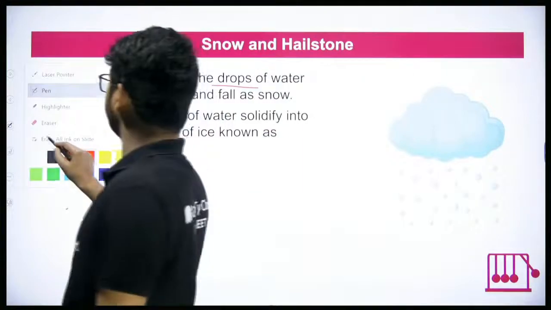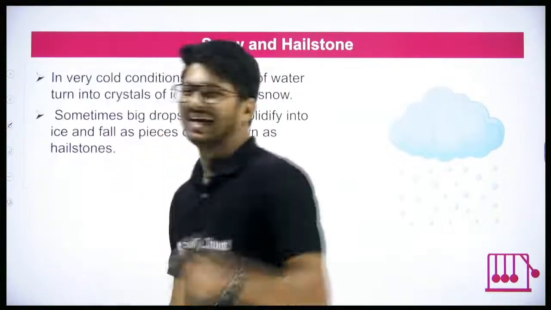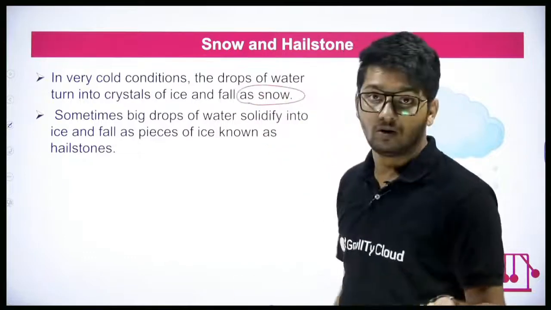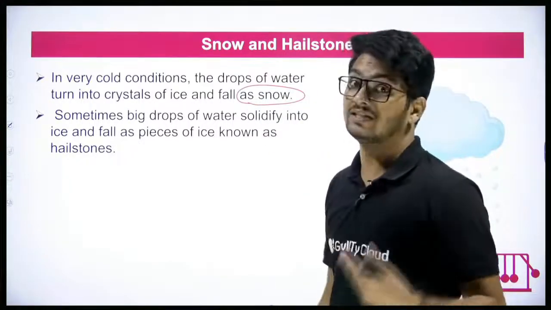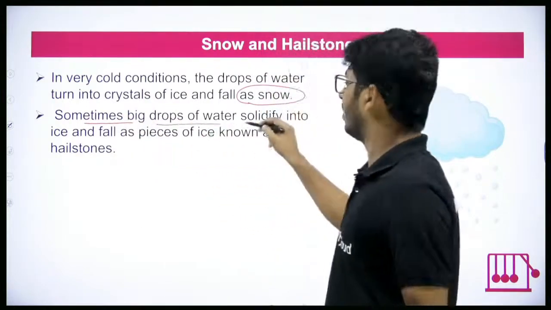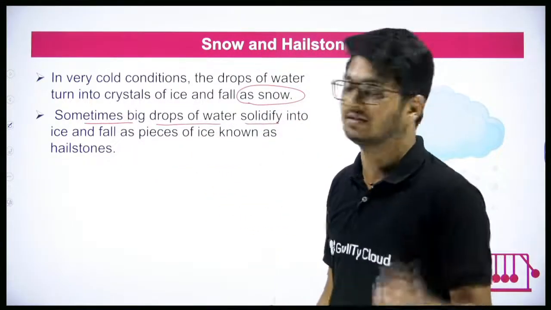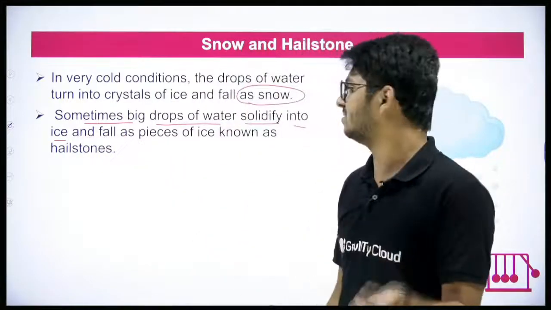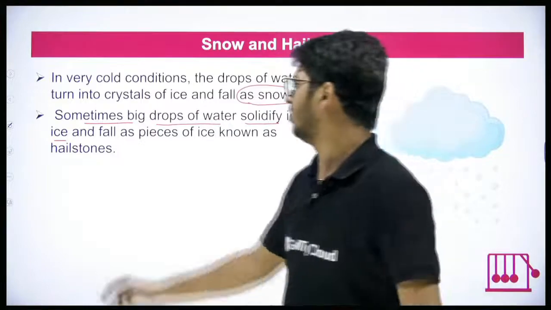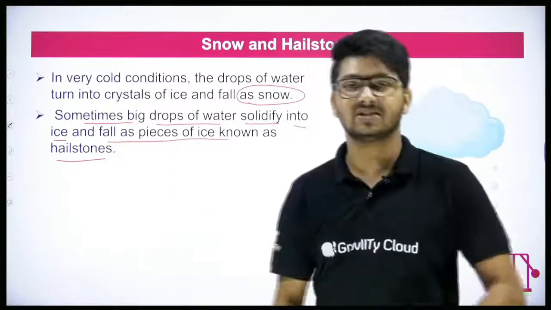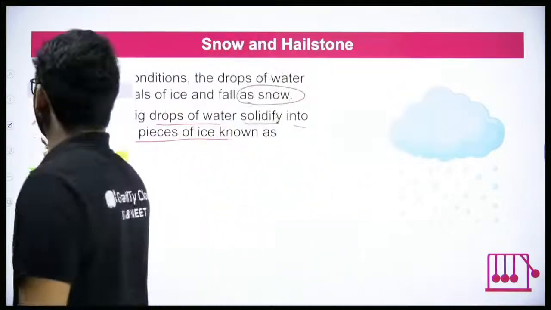When the size of the ice crystals is small, we call it snow. But when the size of ice crystals is big, sometimes big drops of water freeze into ice. If you have bigger particles of ice and they fall, then we call them hailstones. They fall as pieces of ice.